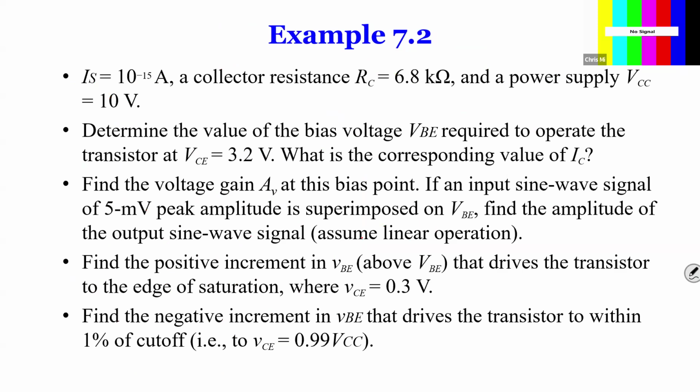If VBE, say, is a certain voltage, this little vbe above VBE, whatever this value is going to be, that little value added onto this would drive the transistor to the edge of saturation. Remember, this is a BJT, so that means it's going to drive out of the linear range. And at that point, you have VC 0.3. So what would be this little number? Now, in order to find this number, we should first find this VBE, right? Otherwise, it would be difficult to do.